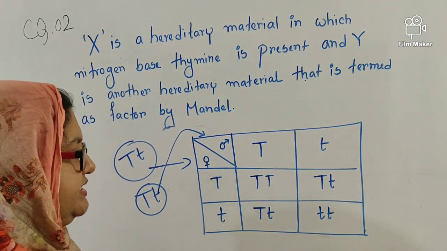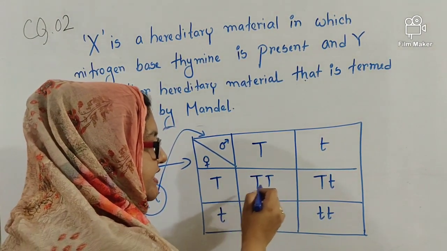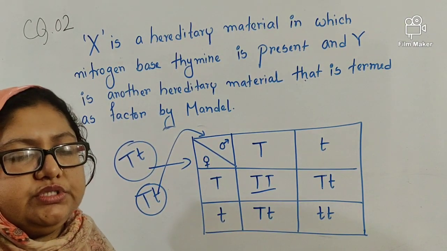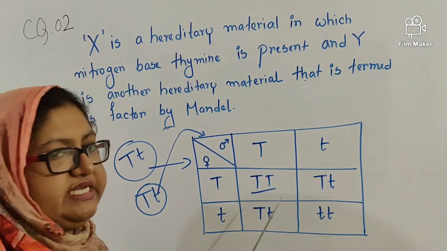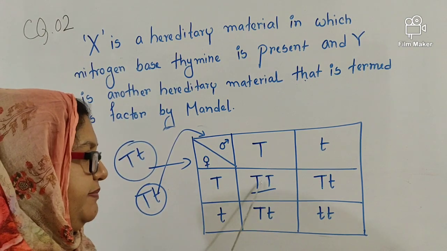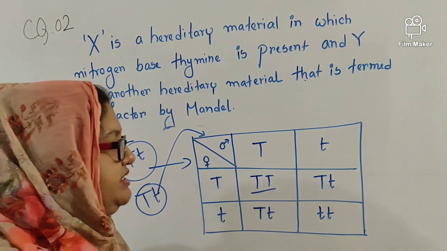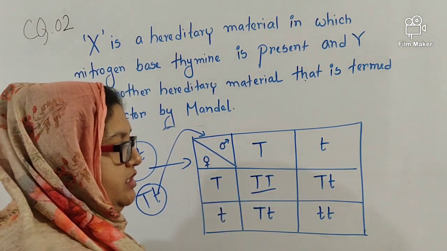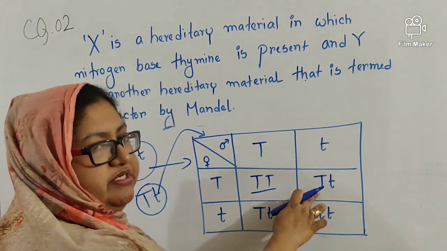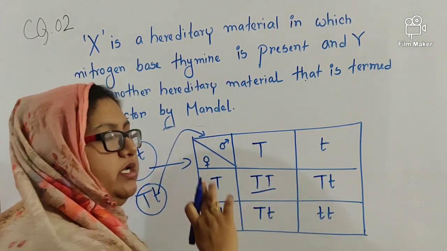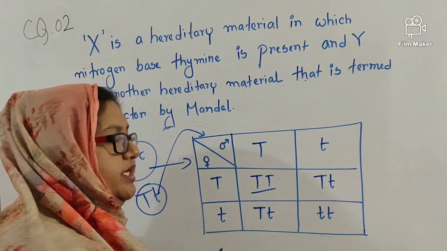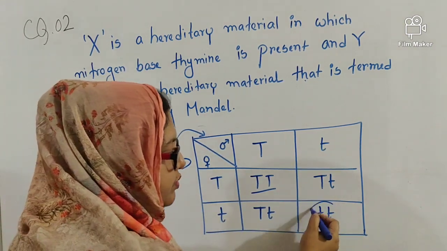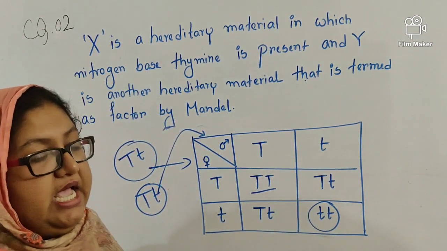So my dear students, you can see that in this case both the genes are capital T and capital T. That means it will definitely be a tall plant. Since a single capital T is present here, it will also be a tall plant. This will also be a tall plant. What will happen in this case?